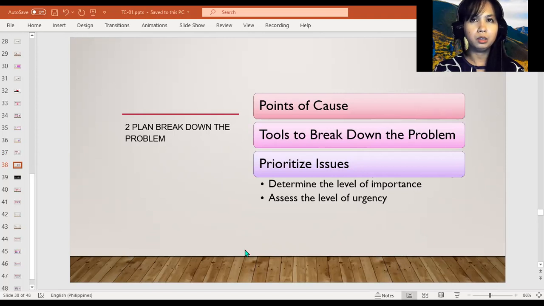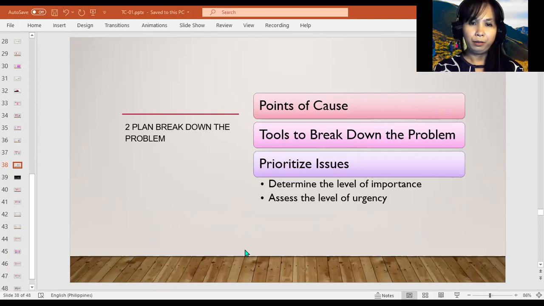And then we start looking into prioritizing which of these issues to begin with. Once you're able to identify the primary points of cause, it's time to prioritize the problem. To do this, there are some questions that will help prioritize what problems are attacked first, second, and so on.